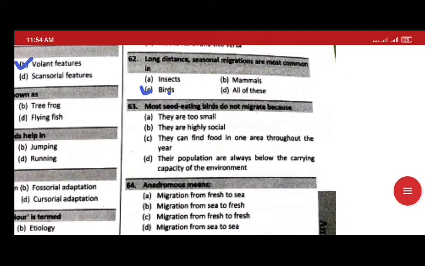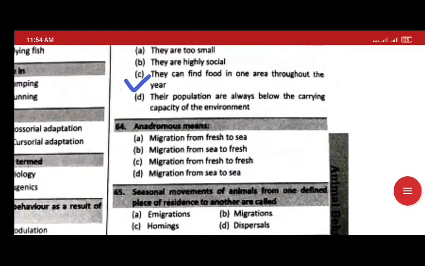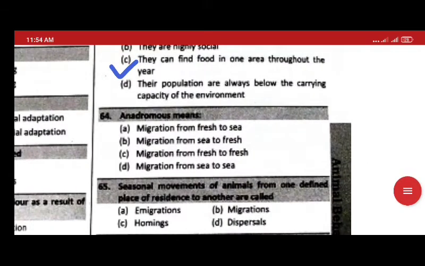Now 63 number, most seed eating birds do not migrate because seed is found everywhere. So where is food area maximum? So C number is right. 63, C number is right. Now 64, anadromous means from sea water to fresh water. So B number is right, 64 B.